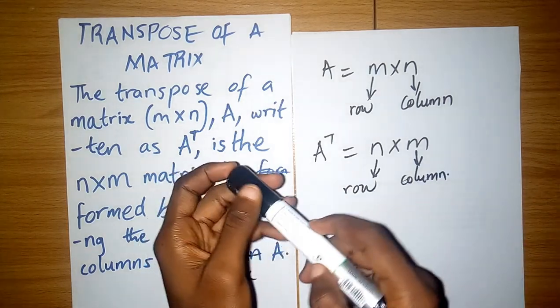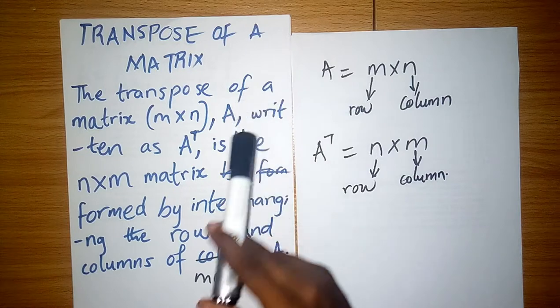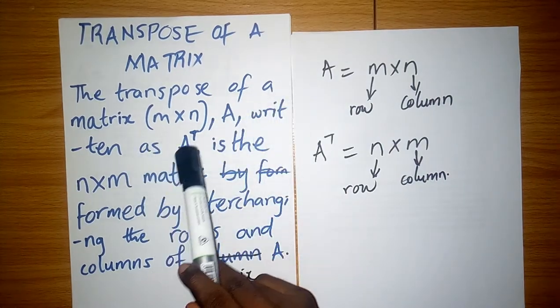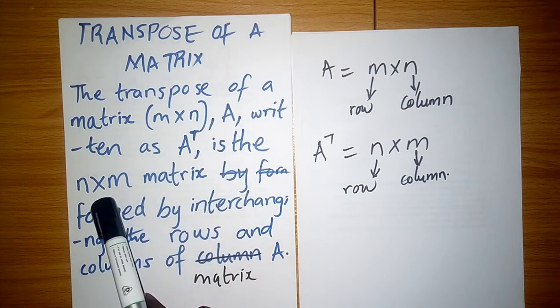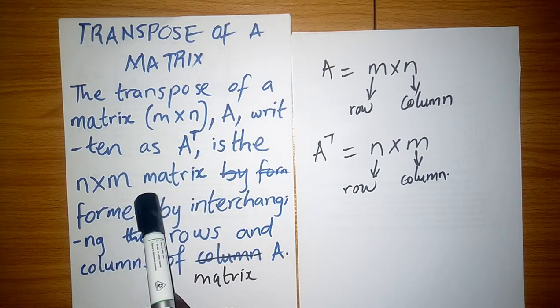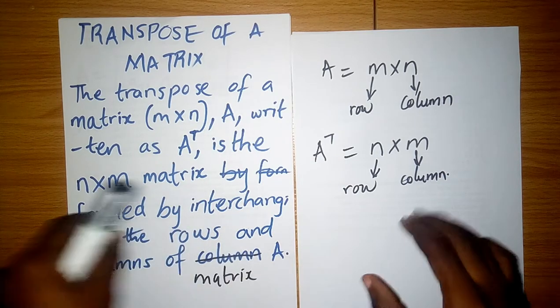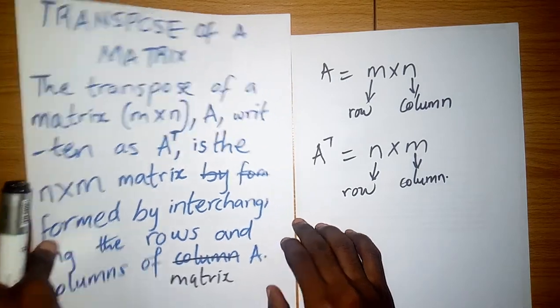So by an example, the transpose of an m by n matrix A, written as A to power t, is the n by m matrix formed by interchanging the rows and columns of matrix A. We are going to look at how we interchange that.